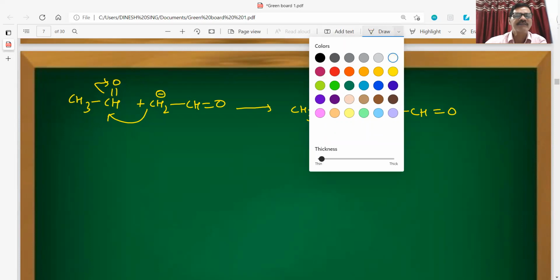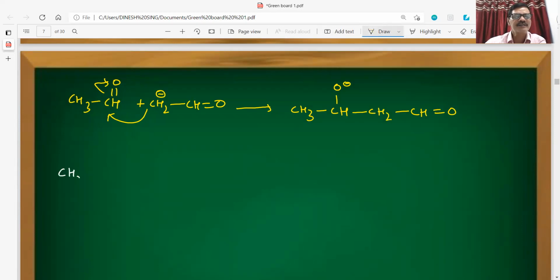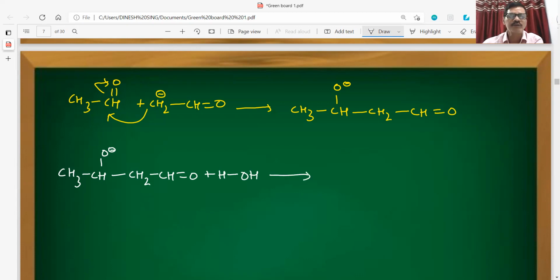In the next step, this alkoxide ion formed in the reaction will take a proton from water.